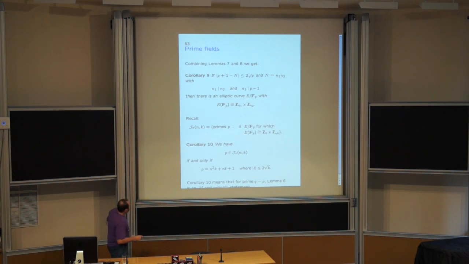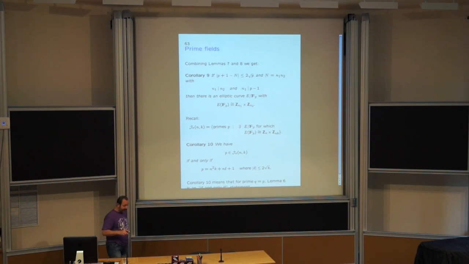Okay, so if you recall the definition of this set, the set which counts the number of primes which give you a prescribed group structure, then you will see that for this set, the counting equation has nothing to do with elliptic curves. Essentially, you count the number of primes which can be represented in this form.